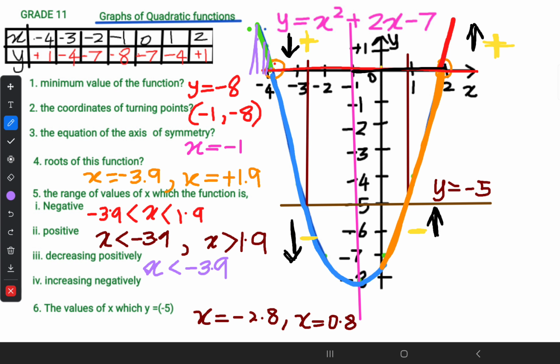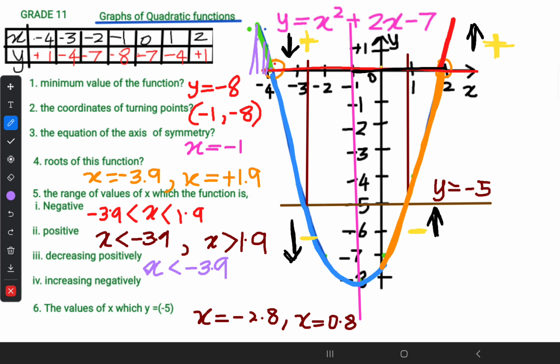In those regions the function is decreasing. Likewise, we can write the answer as when x is less than negative 3.9, that would be the region for decreasing positively. Then next one, let's come to that one.